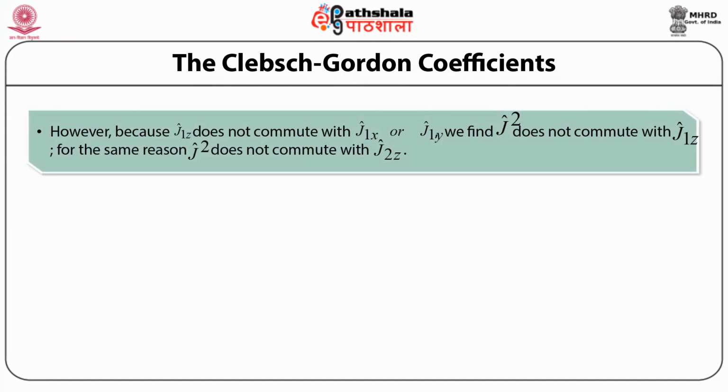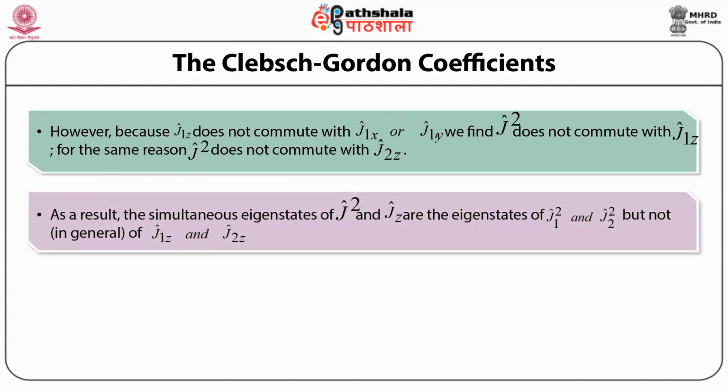However, because operator J1z does not commute with operator J1x or operator J1y, we find that operator J square does not commute with operator J1z, for the same reason for which operator J square does not commute with operator J2z. As a result, the simultaneous eigenstates of operator J square and operator Jz are the eigenstates of operator J1 square and operator J2 square, but not in general of operator J1z and operator J2z.